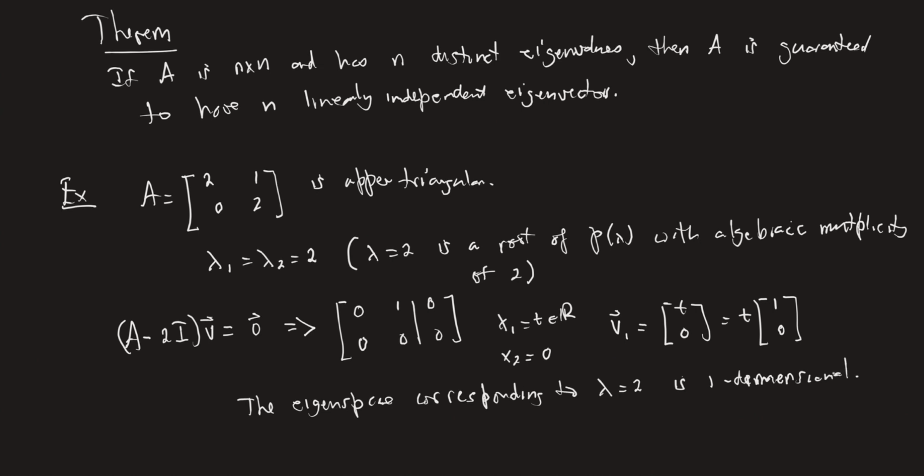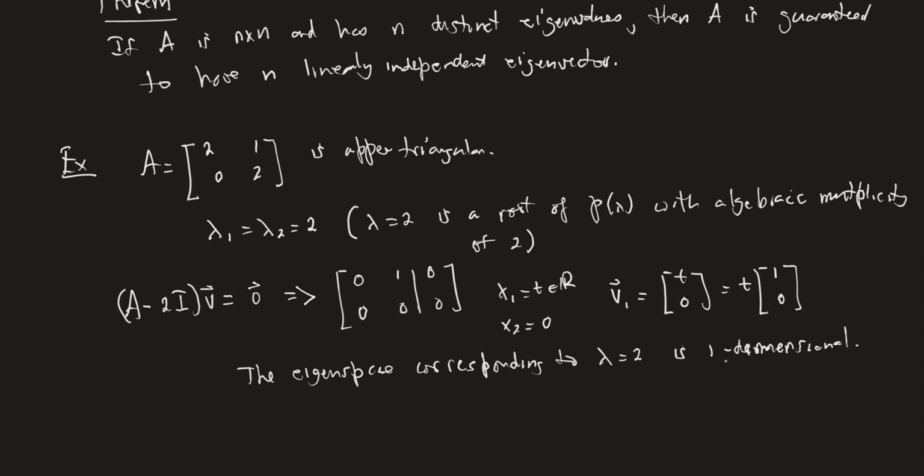And this is what we describe as the geometric multiplicity of the eigenvalue. In this case, the geometric multiplicity is 1.